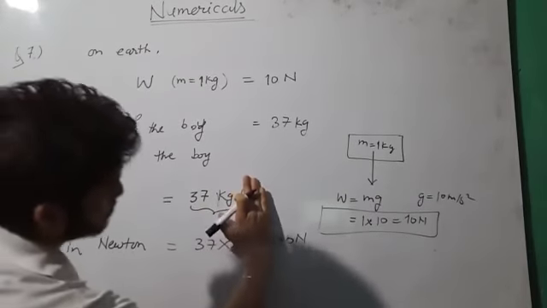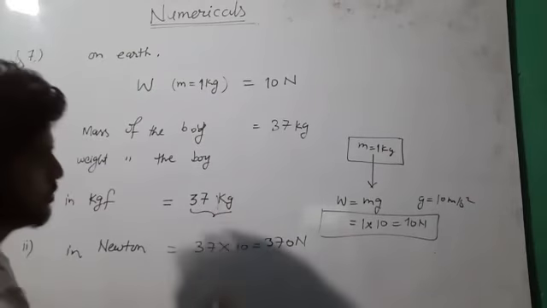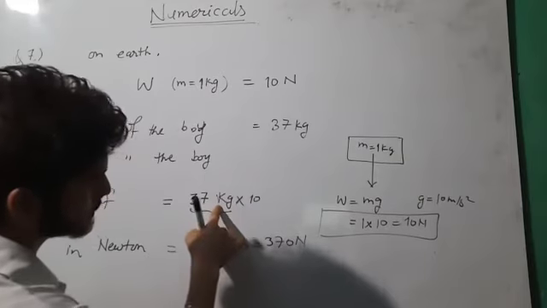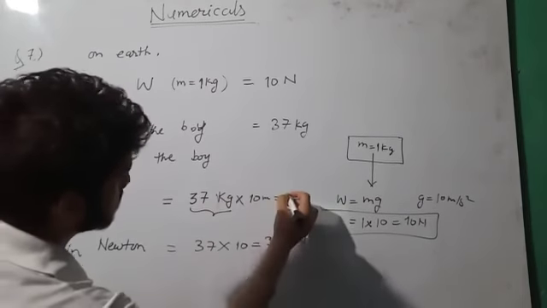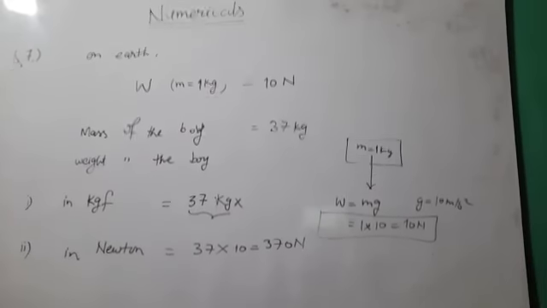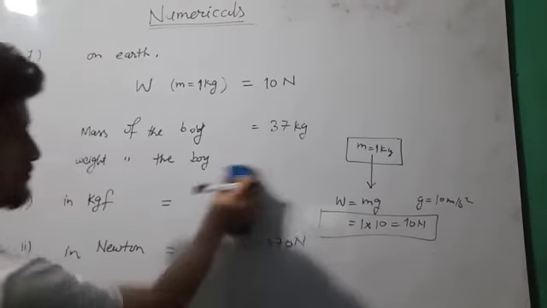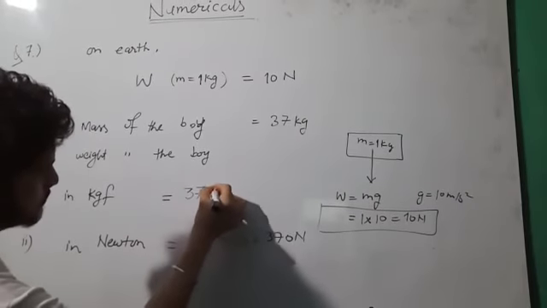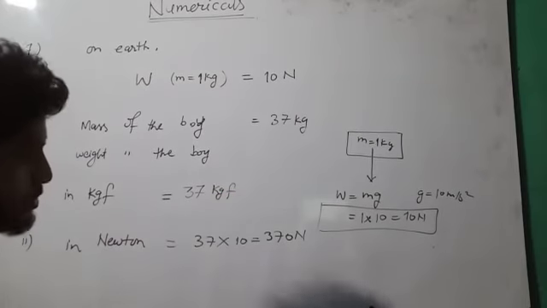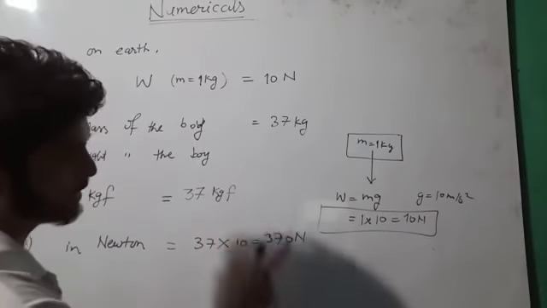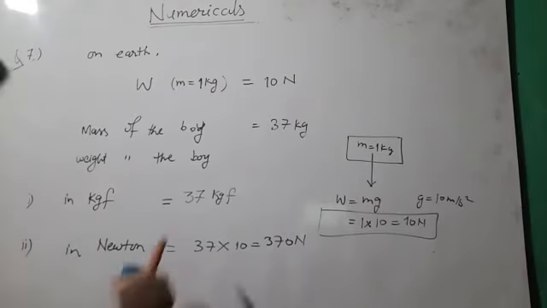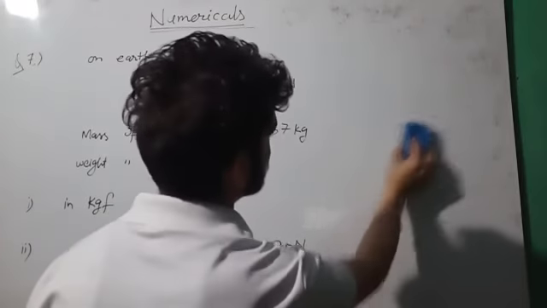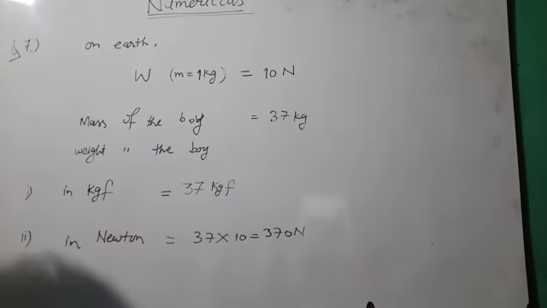If you replace this value by 10, then we can write it directly as 37 kgf, because we can convert kgf into Newton by multiplying it again by 10. So 37 into 10, this is 370 Newton. This is just for understanding. So you have to find out like this.